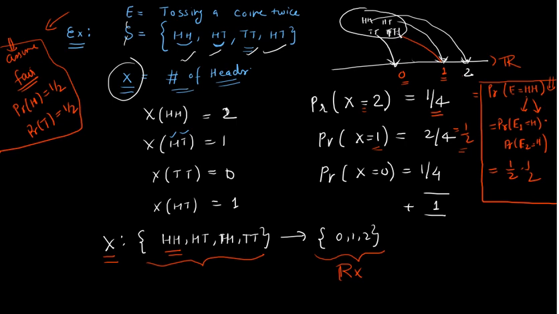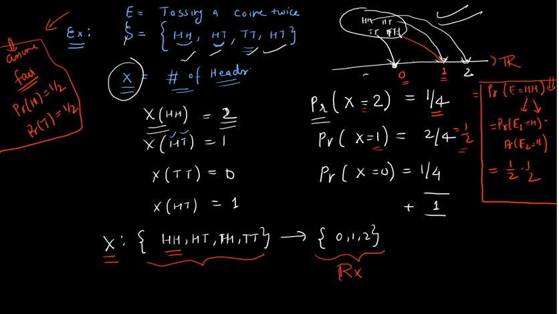We perform the experiment of tossing a coin twice, and we see the number of heads. This is what we have just studied. But we can also see that there is a probability associated with each value of the random variable.